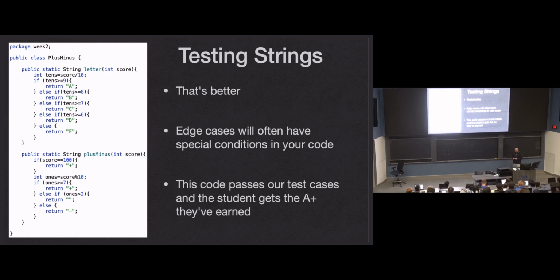And expose the bug. This is our debug cycle. Write test cases, run the test cases, expose any bugs, fix those bugs, run our test cases again, and keep going through that cycle until we're passing all our tests. Then it's time to submit to AutoLab, and hopefully AutoLab says, yep, you're good. If you have a really good test suite and you're passing all your tests, and you sat down and thought about all the possible bugs and wrote test cases for all of them, AutoLab's most likely just going to say, yep, you're good, unless there's some strange compatibility thing.